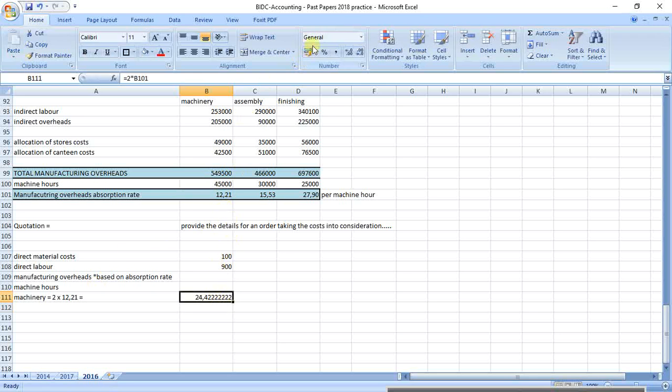Round it off to 2 decimal places. That's machinery. Then we have assembly: 30 minutes, which is half an hour. So 0.5 times 15,53.